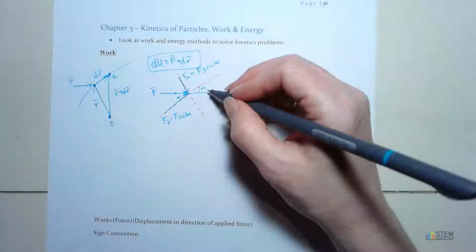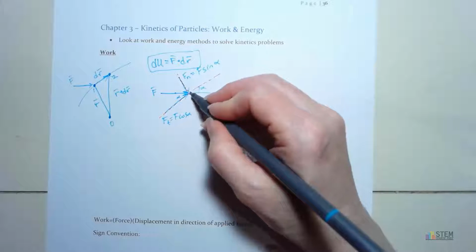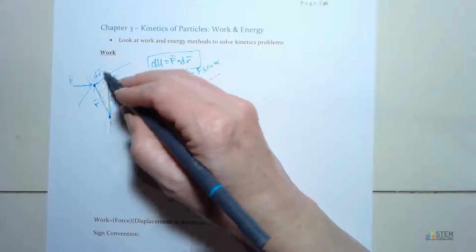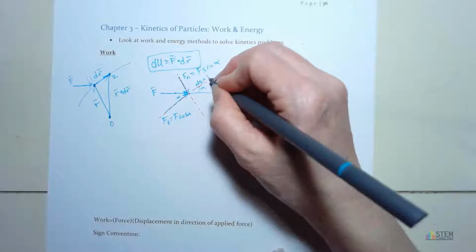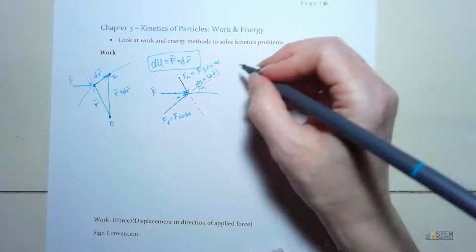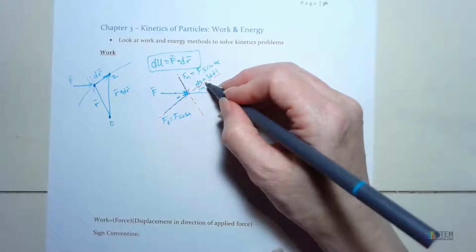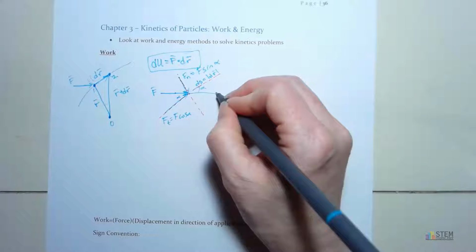Now that we have that, let's go ahead and add one more thing. If this displacement right here, this line right here, if we use that to represent this dr, let's call this ds. So ds will be the magnitude of dr. If that's the case, if this is that length, I can use this angle to get this right here.